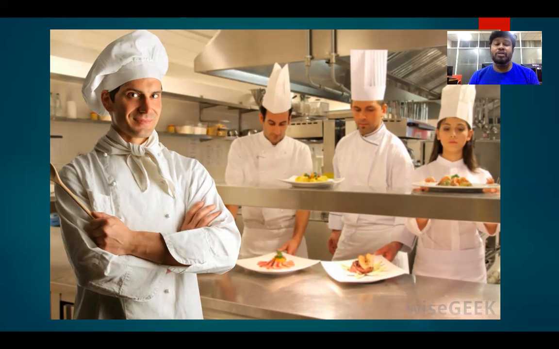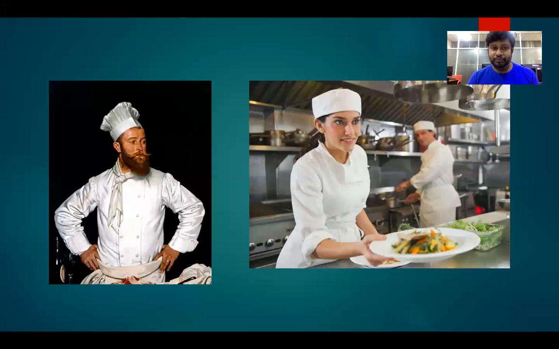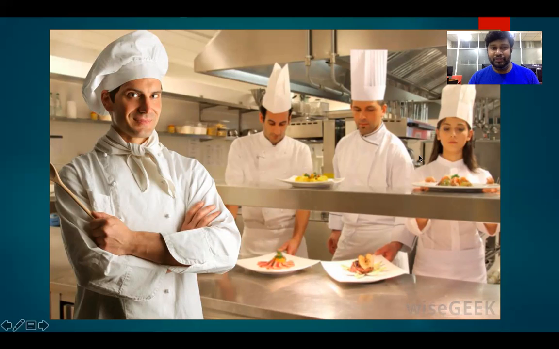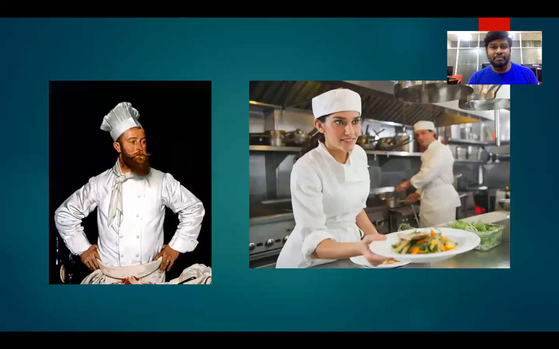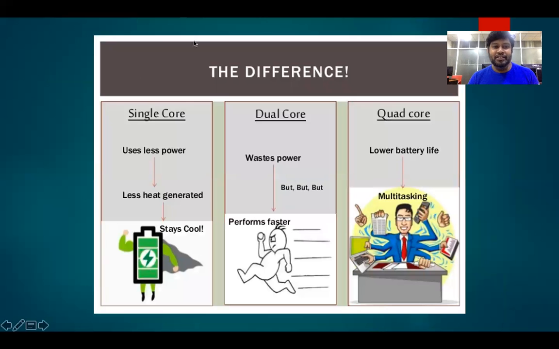Anyway, you have single core, dual core, quad core, octa core, hexacore. Likewise you have processors. Inside the processor, inside the central processing unit, you have a single processing unit. Single core means that.